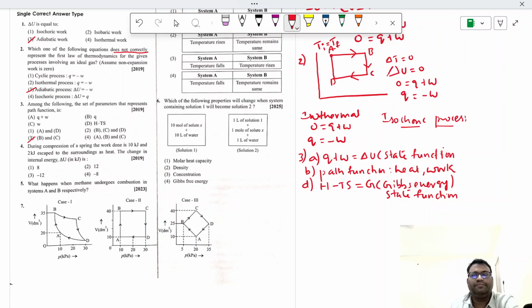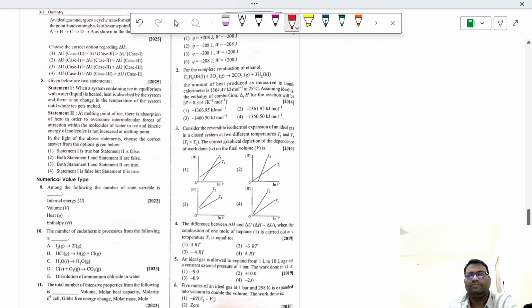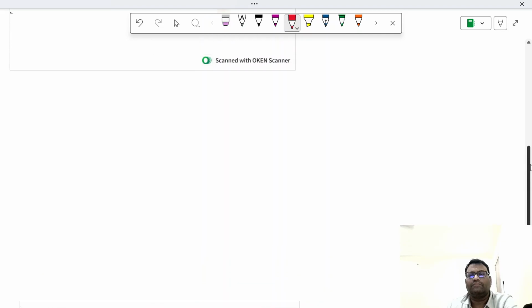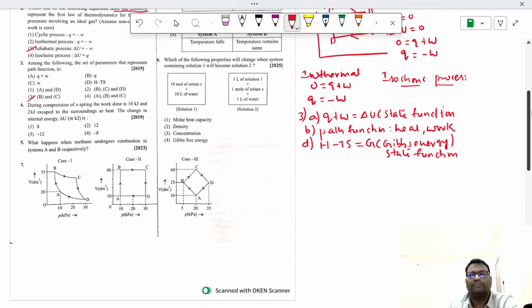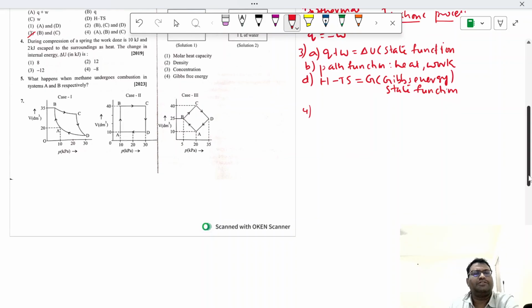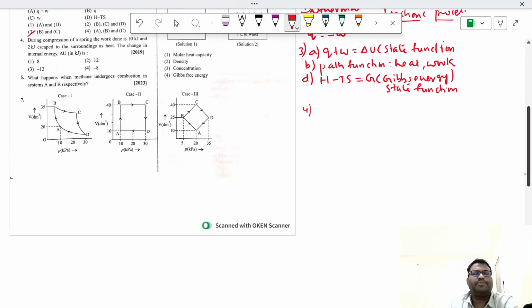Next, question number 4. So what is that question? Let us see. During the compression of a spring, let us take the spring to be the system.